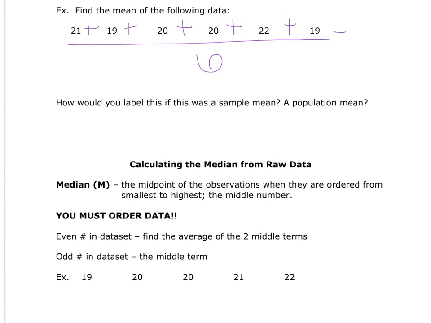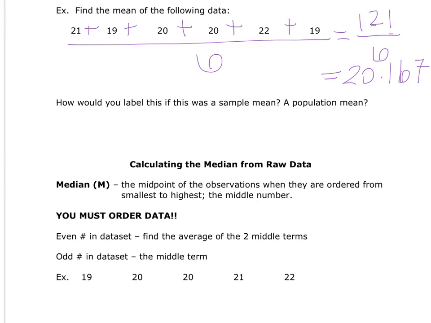Take a minute and add the top using the calculator. We should get 121 divided by 6, which gives us, let's say we round to 3 decimal places, 20.167 if we round to 3 decimal places.